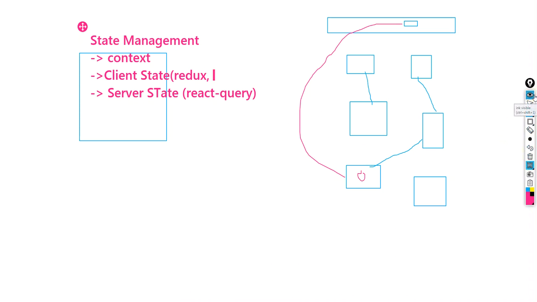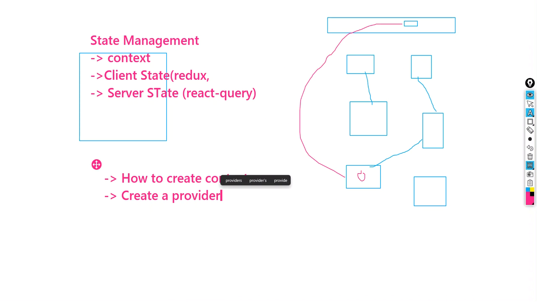But how do you create all these things? We need to know how to create context, because that's what we need to start with first. So what we're going to be talking about today is how to create context. Then we need to create a provider for the context.